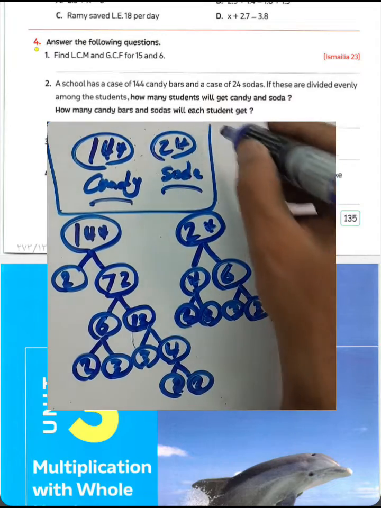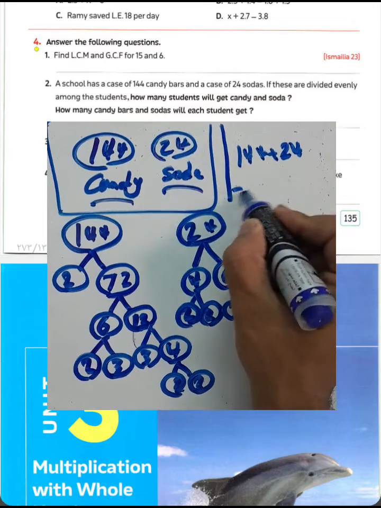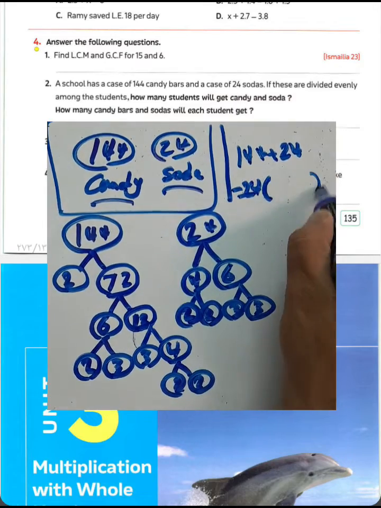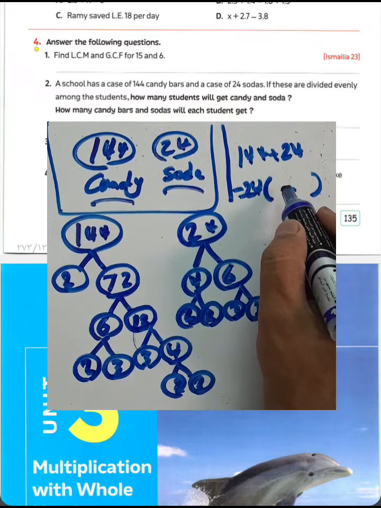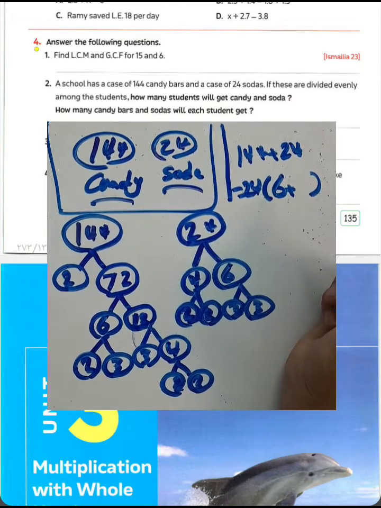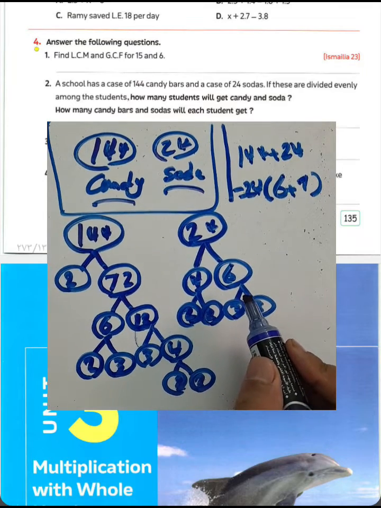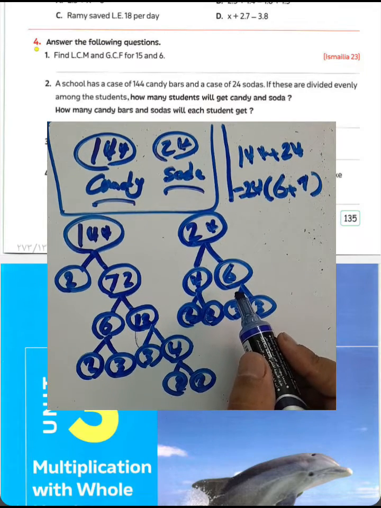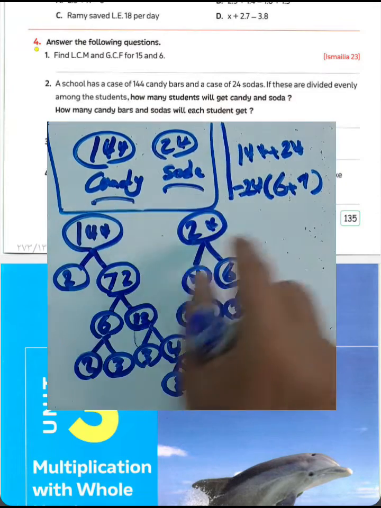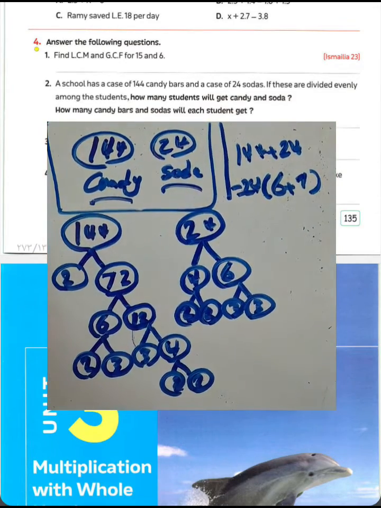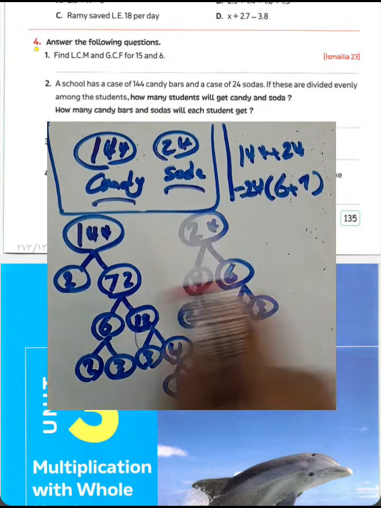So you can solve this example by writing 24 outside, and 144 divided by 24 equals 6, and 24 divided by 24 equals 1. So we will distribute all candies and all sodas to 24 students. Each one of them will get 6 candies and 1 soda.